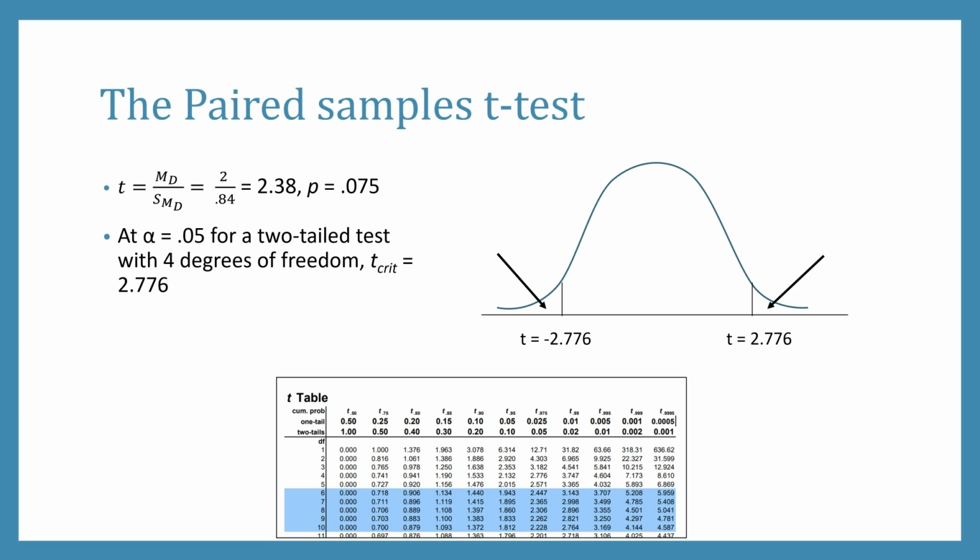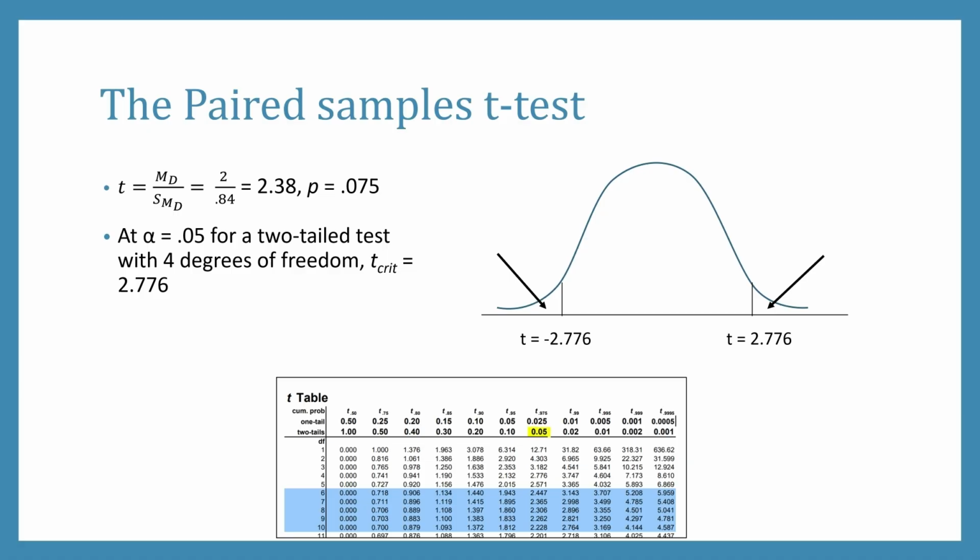Basically, this is what the t-table looks like. So how you would use this, I'll see if I can use my little highlighter here. You would look up here and find where the value is 0.05. Here we had a two-tailed test, a non-directional hypothesis, where we didn't necessarily know which way our effect was going.